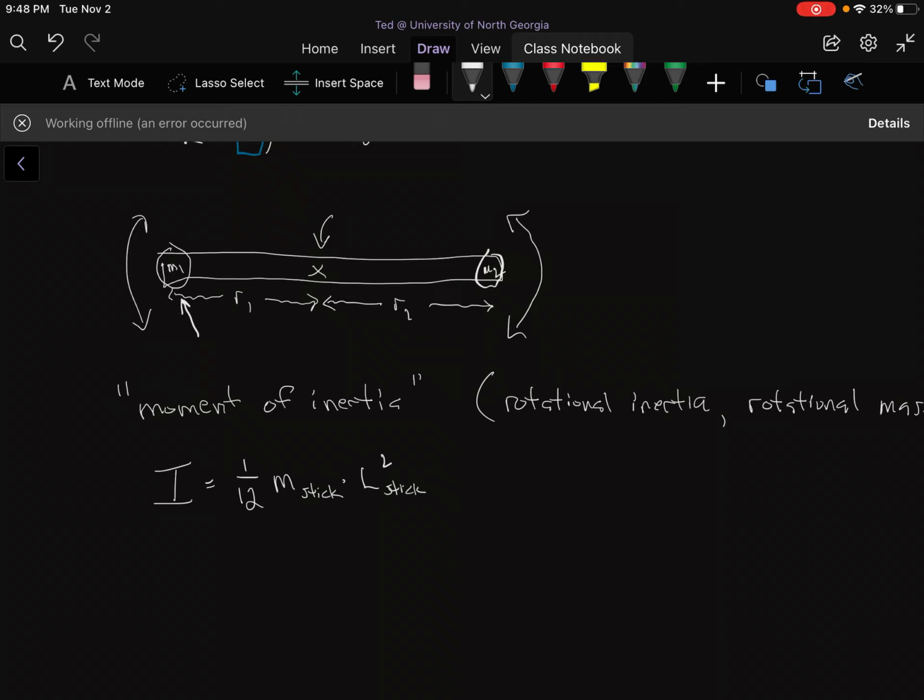So the total moment of inertia would be the moment of inertia of the rod itself plus m1 r1 squared plus m2 r2 squared. These are called point masses or extra masses.